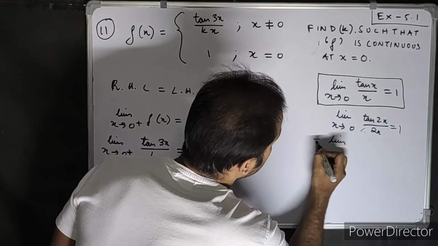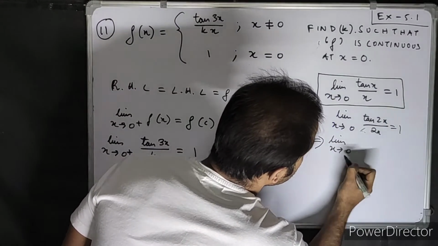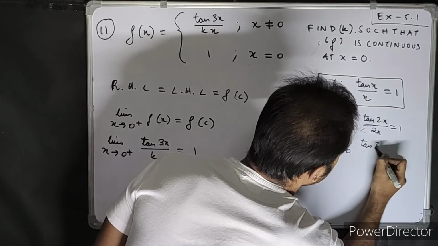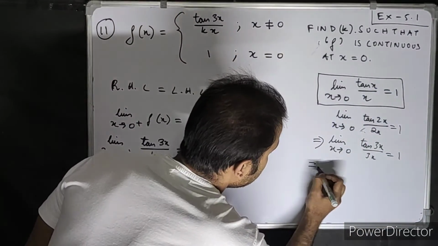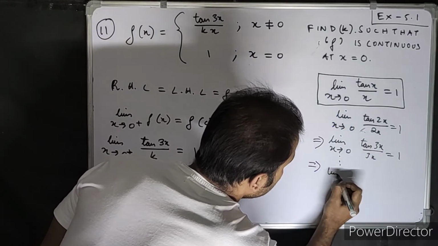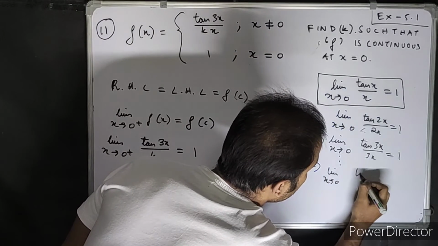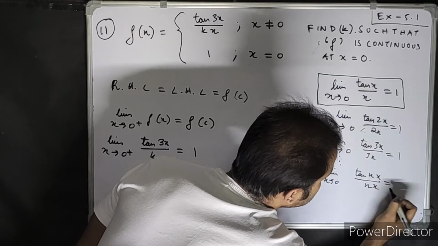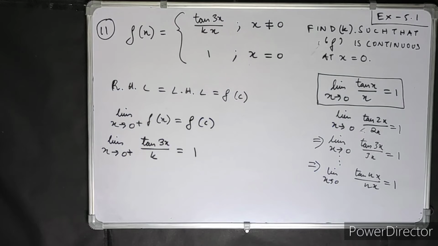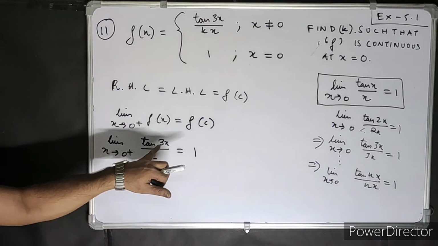That implies limit of x tends to 0, tan 3x divided by 3x is equal to 1. So if we continue that way, limit of x tends to 0, tan nx divided by nx is equal to 1.